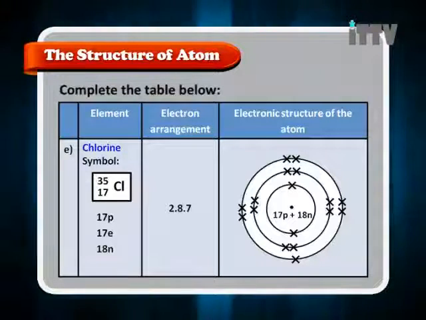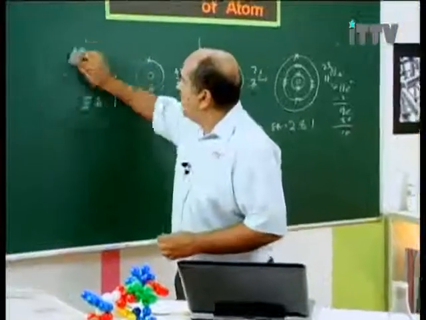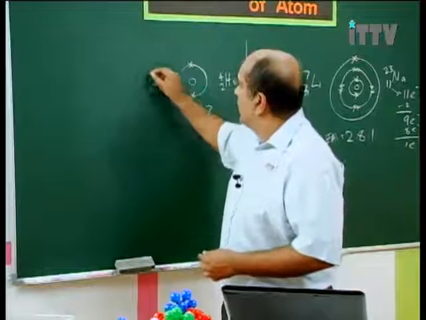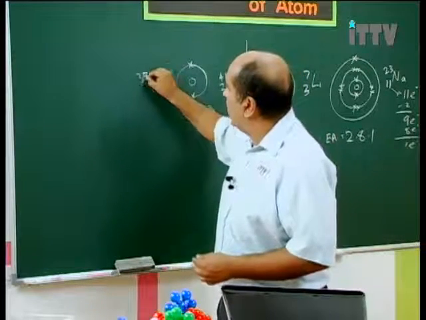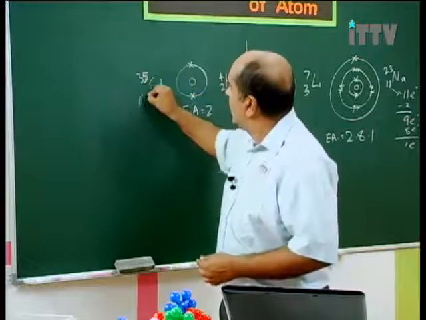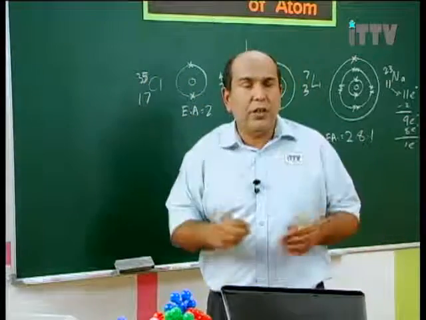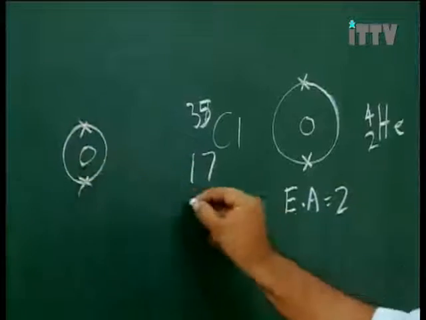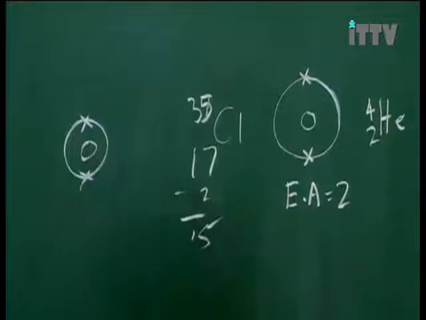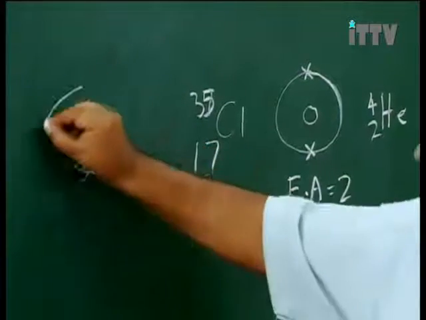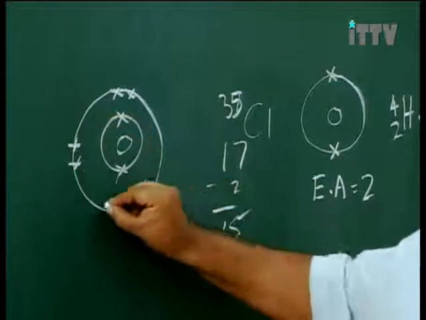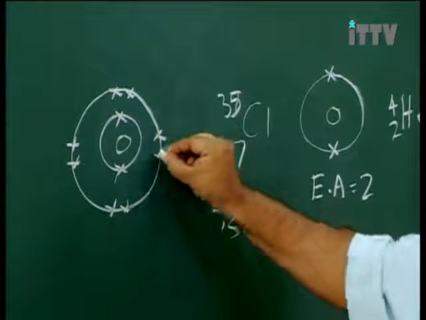So, if you have chlorine 35,17, how would we do this one's electron arrangement? So, remember what we've got? We've got chlorine 35,17. So let's begin. 17. The first shell, we put 2. This leaves us 15. Next shell, we put in 1, 2, 3, 4, 5, 6, 7, 8.